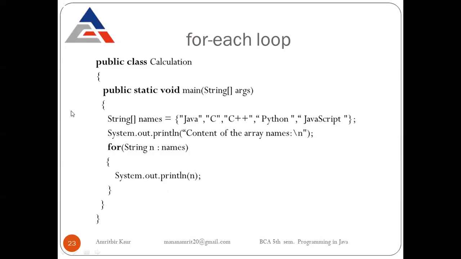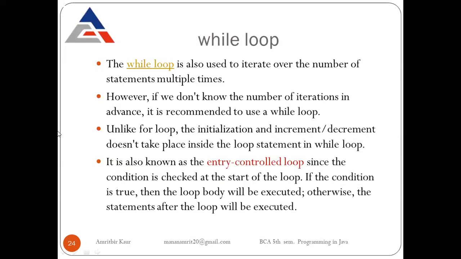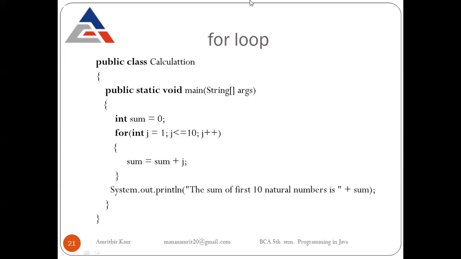So here we initialize our variable inside the loop. You can also write here like int j, and then use j equals 1. You can also initialize inside the for loop. Then we check a condition.